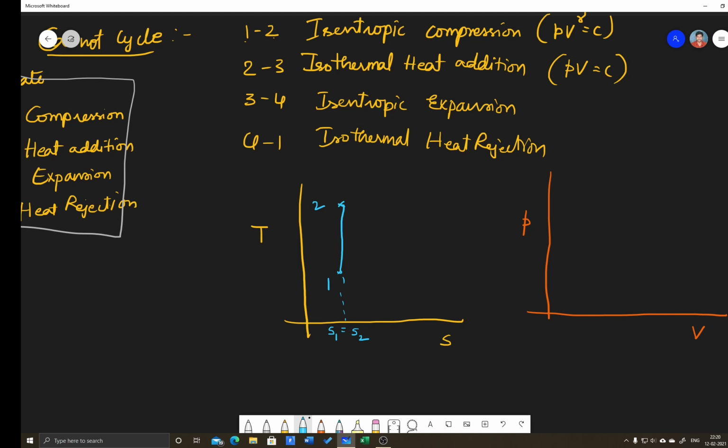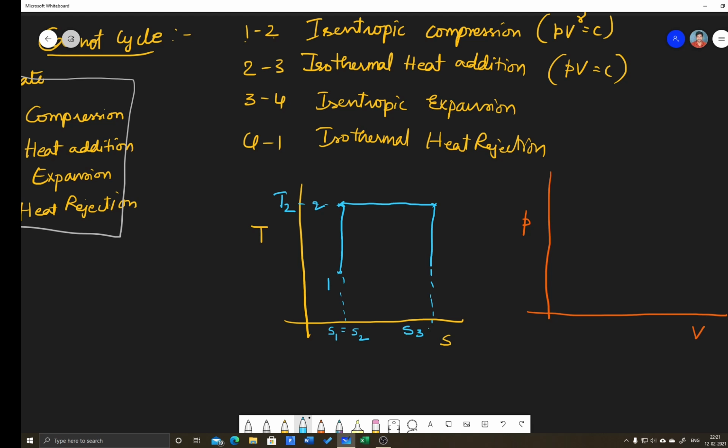From this, if you add heat, entropy will increase. But here we are doing it at constant temperature. So here temperature is T2. Next, isentropic expansion. If you expand a gas, the temperature will drop because it is isentropic expansion.